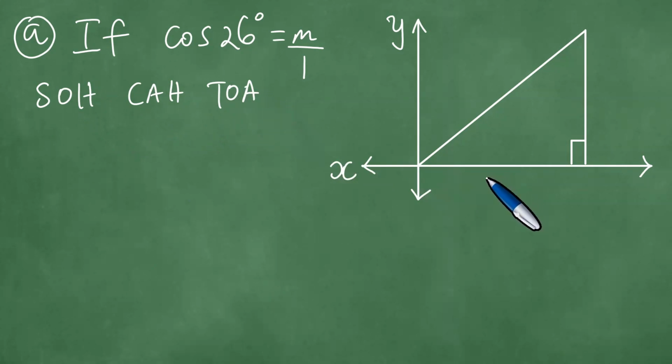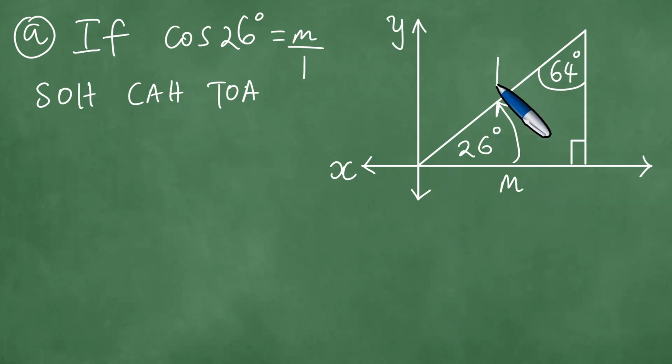SOHCAHTOA is very clear that the cosine will be adjacent over hypotenuse. If this angle is 26 degrees and this one is 64 degrees, like this, then we have adjacent over hypotenuse, like so.